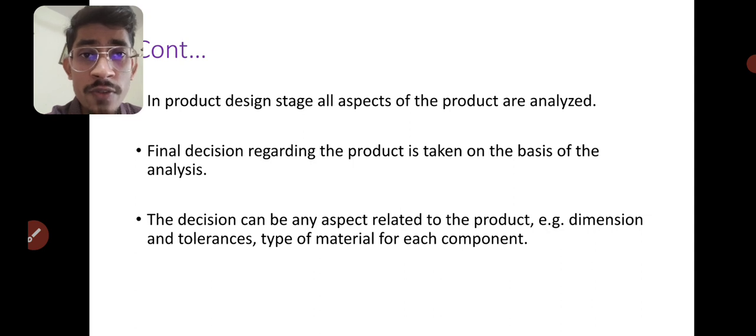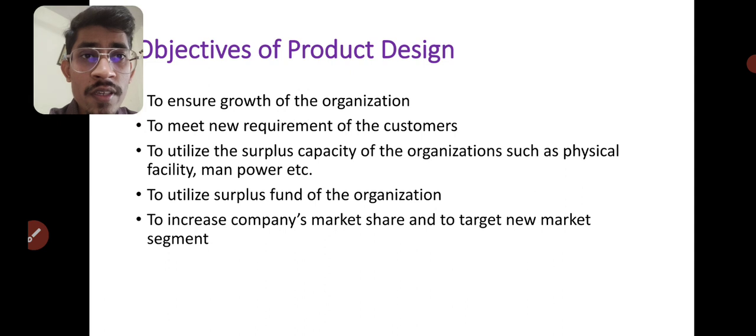Definitely your final decision depends on your analysis, on how you analyze all aspects of the product in each and every stage: idea generation, concept generation, then the detailed design, then the final tangible product. A decision can be on any aspect related to the product: dimensions, tolerances, type of material for each component. So these are the objectives of product design.